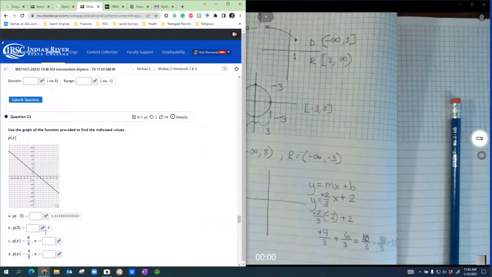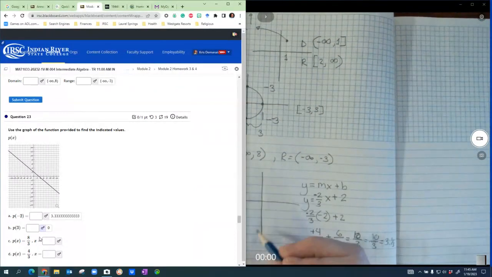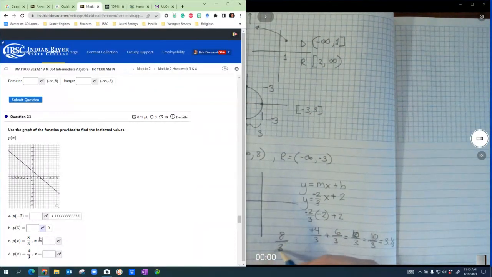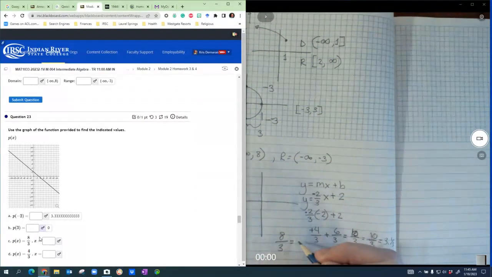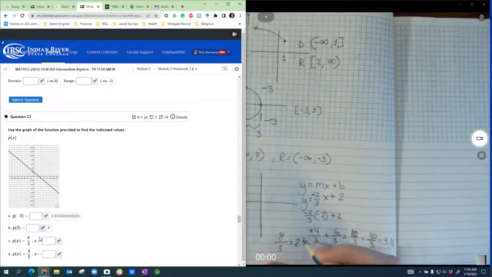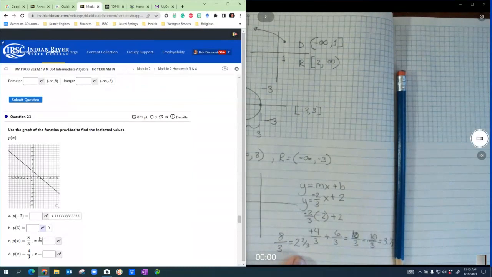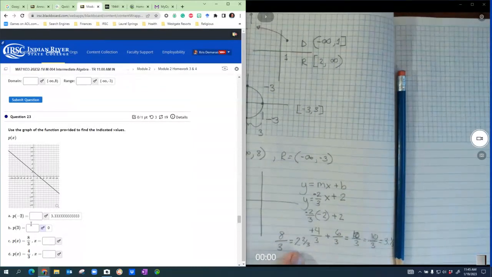All right. So now when we're looking at this, okay, it says the output is 8 over 3. Now 8 over 3 is the same thing as me saying, well, it's going to be 2 and 2/3. That's what we're looking for, the value of output. So let's take a look at our value system.